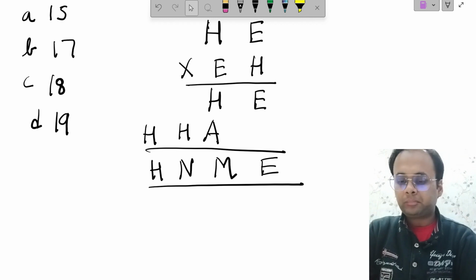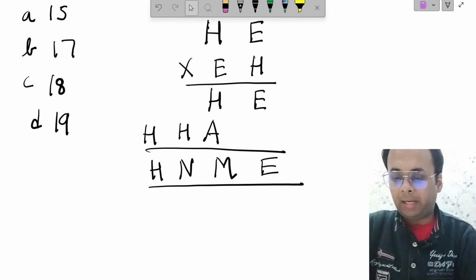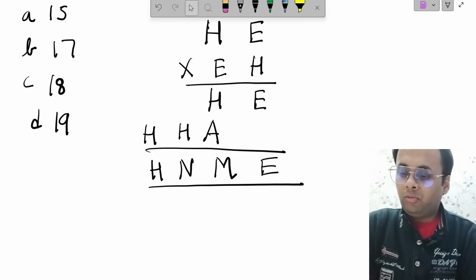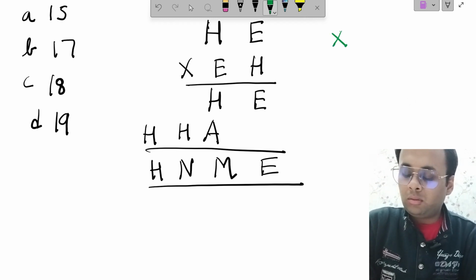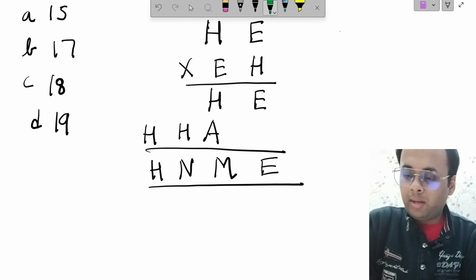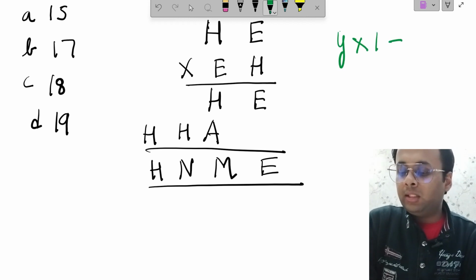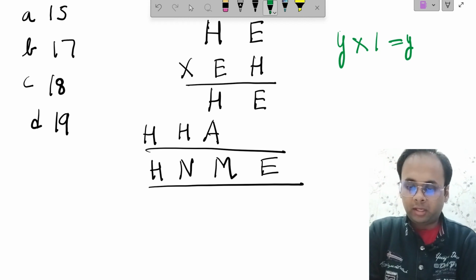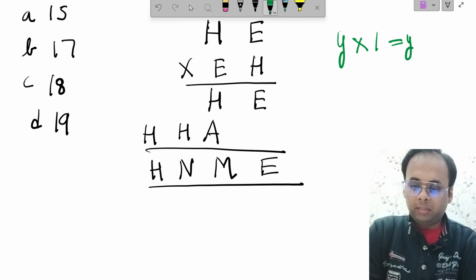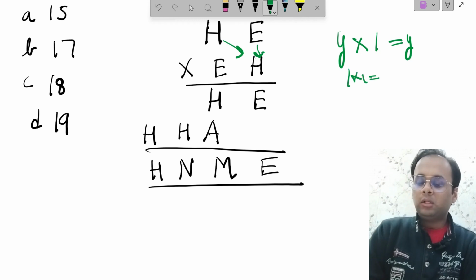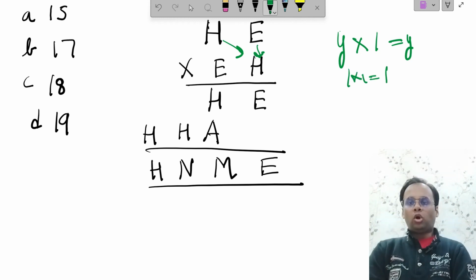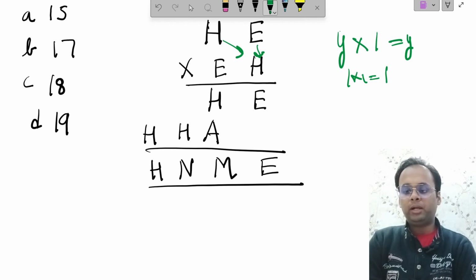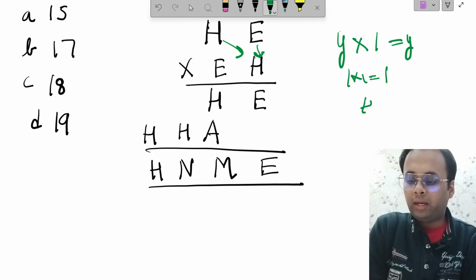Now one thing you have to understand: any number, let us say y, when multiplied by 1 is the number itself, because 1 doesn't change any equation. Similarly here we can see E and H when multiplied gives E, and H and H gives EH, because 1 into 1 is also 1. So it means that H is not distorting any identity of any number when multiplied. It means H is equal to 1.